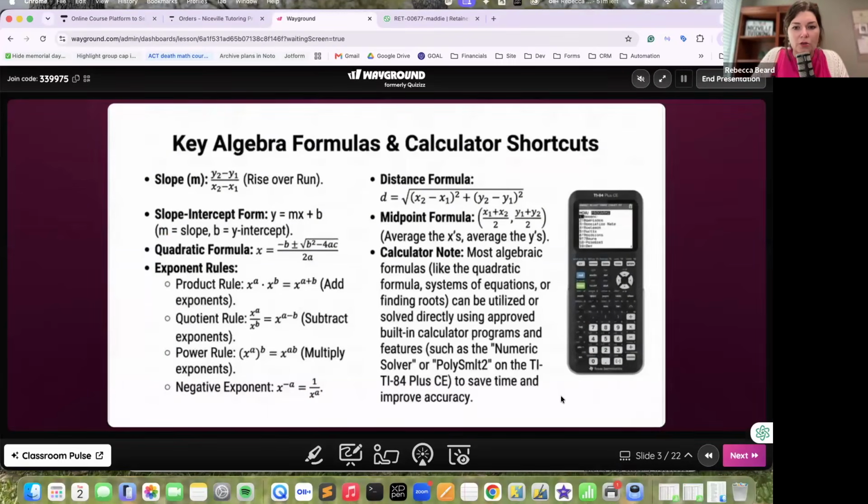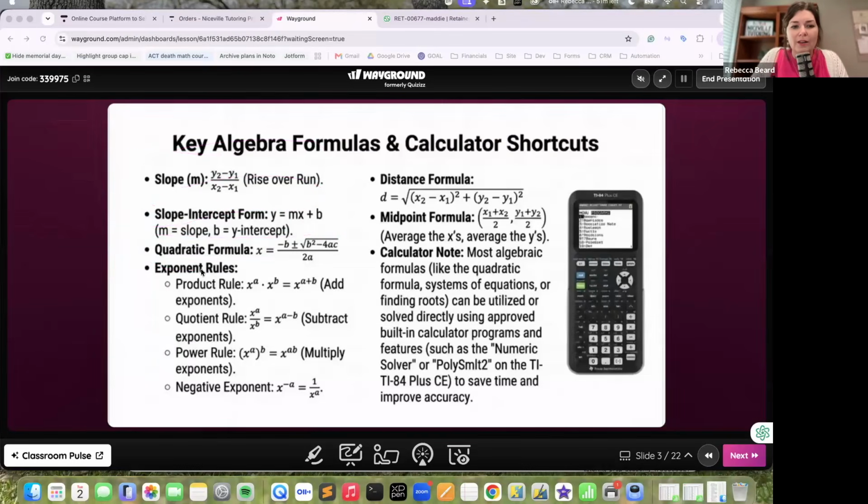This is another thing you do not have to memorize. I do have this on the Google Doc, I believe. Long story short, slope. Please know this. These are basic ones: slope intercept form, y equals mx plus b, quadratic formula, those come up, exponent rules.